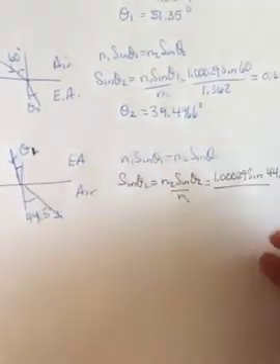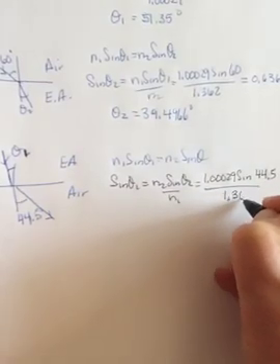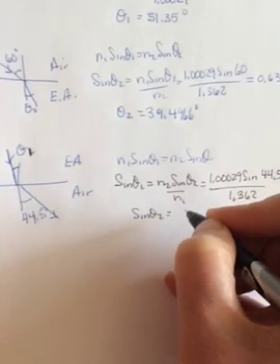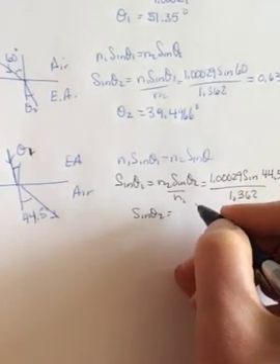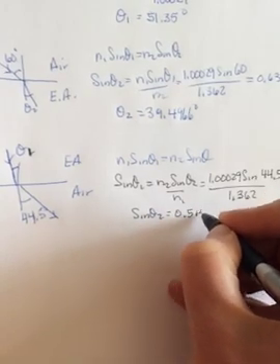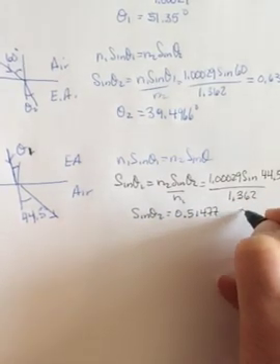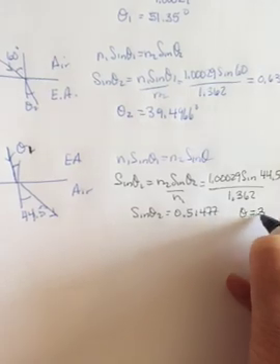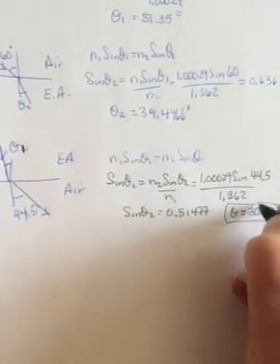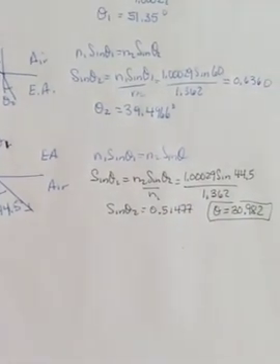And N1 is ethyl alcohol, 1.362. You will get a sine theta 1 to be 0.51477. And then theta works out to be 30.982. So hopefully these were pretty good and straightforward for you. Okay?